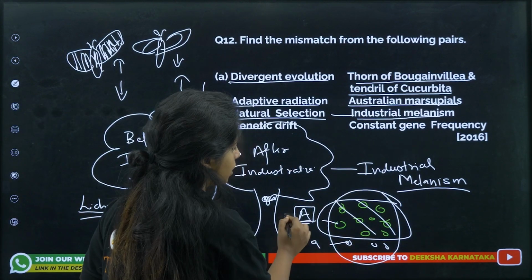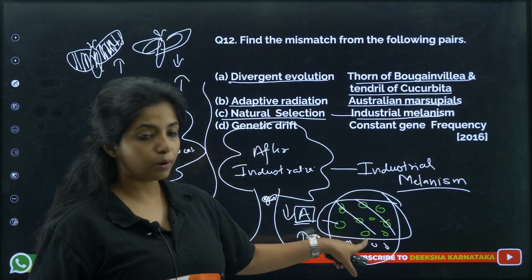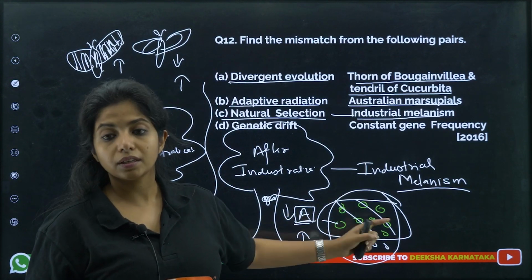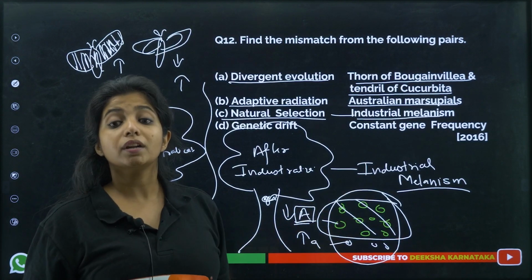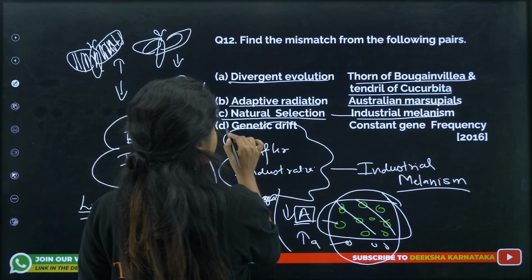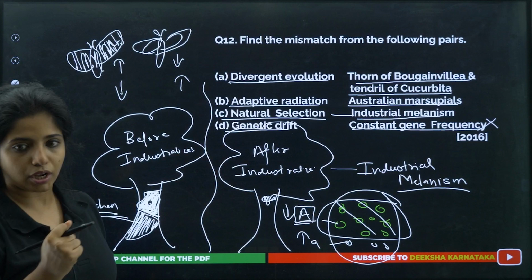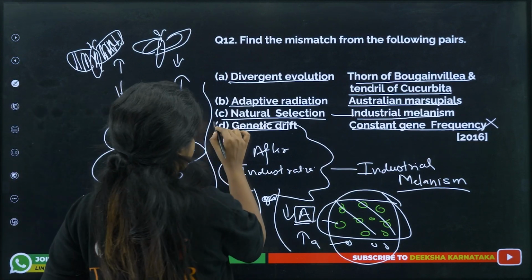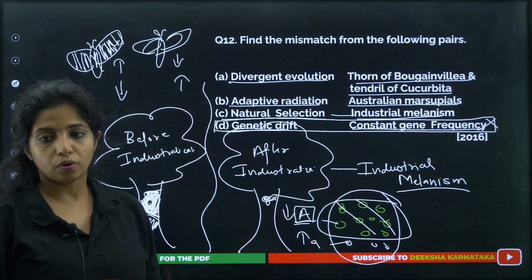Now the frequency of this particular allele is gone. This allele increased. They will reproduce. Now there is no competition, so they will increase their number. So you see, frequency is changing over here. Now this frequency change is occurring by chance, my dear children. So that is what you mean by genetic drift. So constant gene frequency is not achieved by genetic drift. There is a change. So this is what? Wrong statement. This becomes your answer.